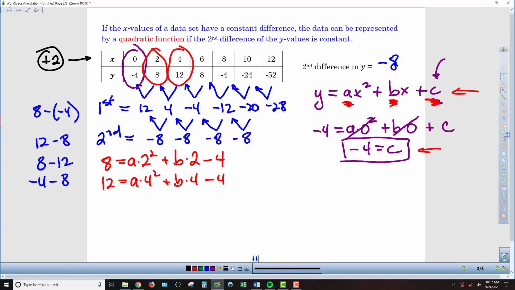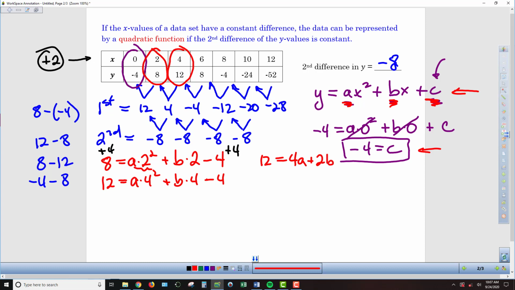The first thing I'm going to do is add 4 to both sides. So in this top one, I'm going to have 12 over here on this side equals, and then I've got 2 squared times a, so it's going to be 4a, and then 2 times b, so plus 2b. So I've just cleaned up that equation a little bit.